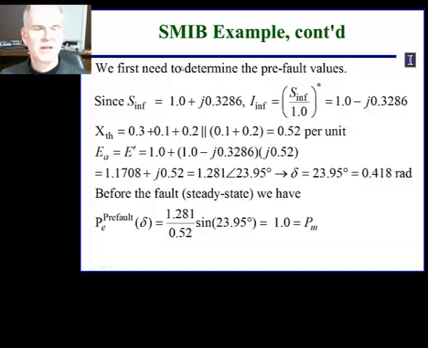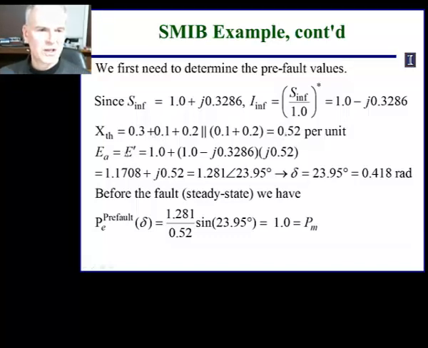Okay, so just like we did in the earlier example, we determined the pre-fault conditions. Again, our generator is supplying 1 per unit power at a power factor of 0.95 lagging. So we get the same current that we had before. The impedance here is the same as before, except now we've got the impedance of the step-up transformer, so this changes just slightly.